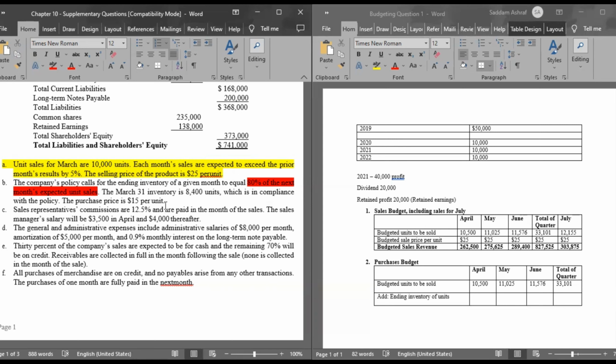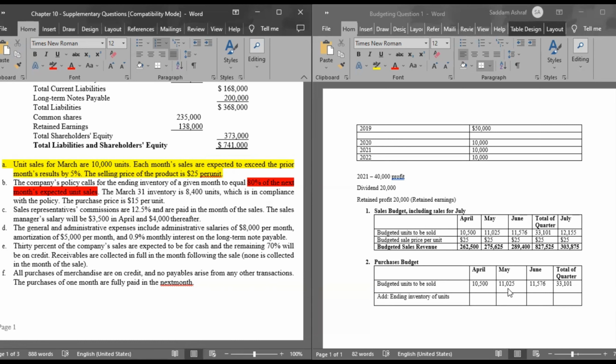Let's suppose we have 11,025 unit sales in May. How many units do we have to retain in ending inventory during the month of April? I'm just repeating the question.